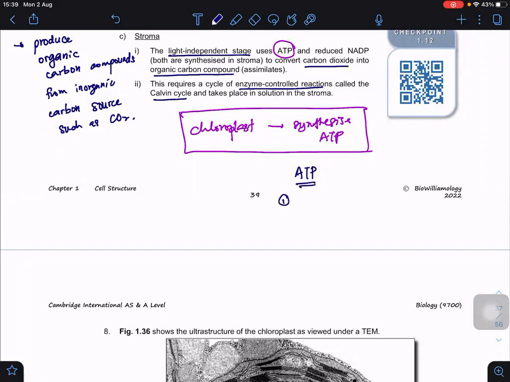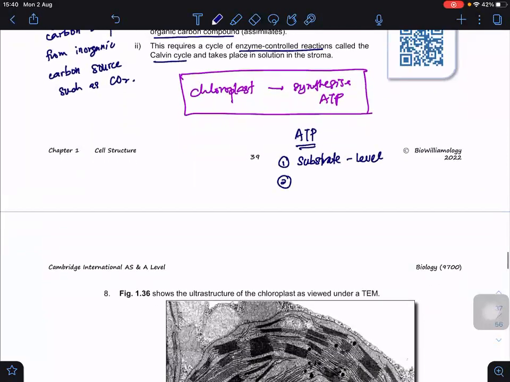Number 1 and number 2 are through respiration. One is called substrate level phosphorylation, and number 2 is called oxidative phosphorylation. Don't worry about the terms. These two happen during respiration.